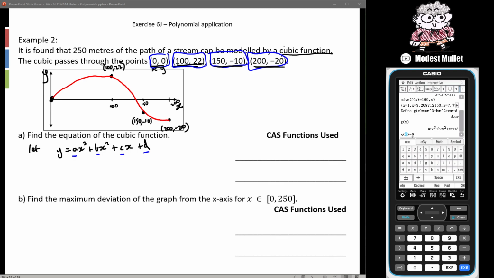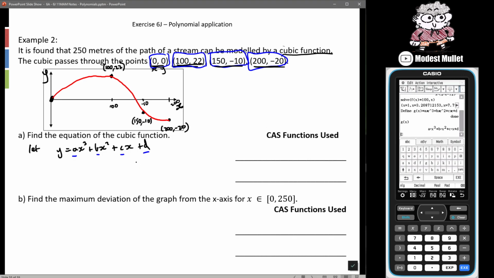That's letting x equal 0. That's one equation. We also have another equation where we're told when x is 100, g of x becomes 22. We also have g of 150 is equal to negative 10. So that's the sort of notation we can put in.